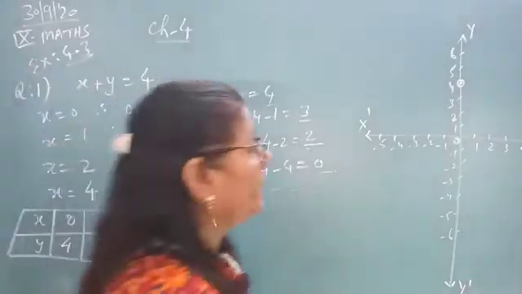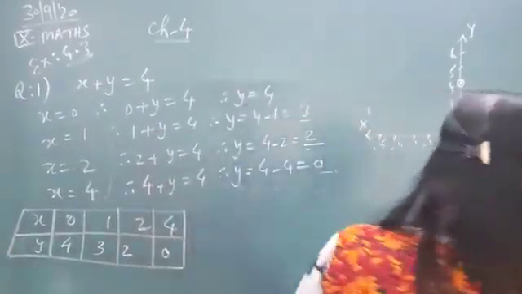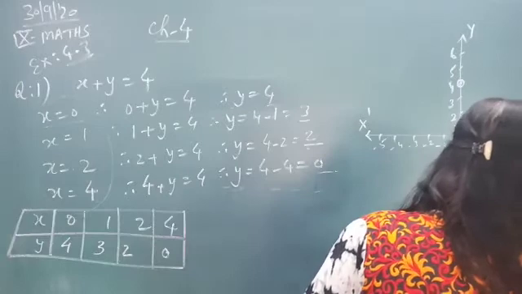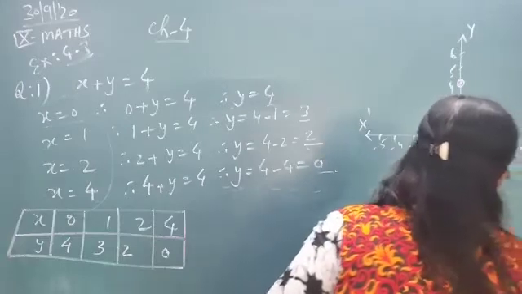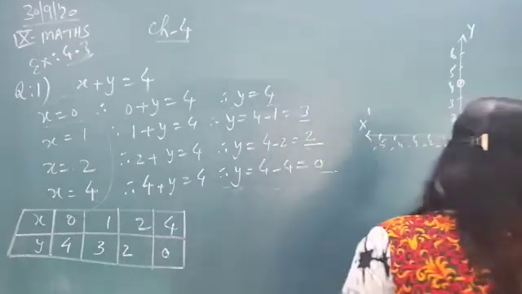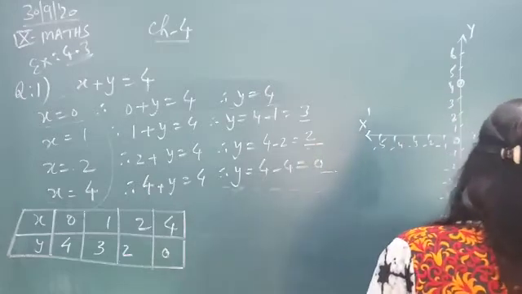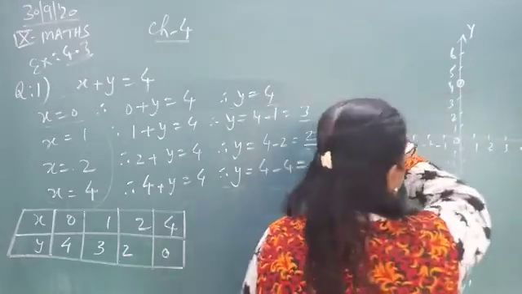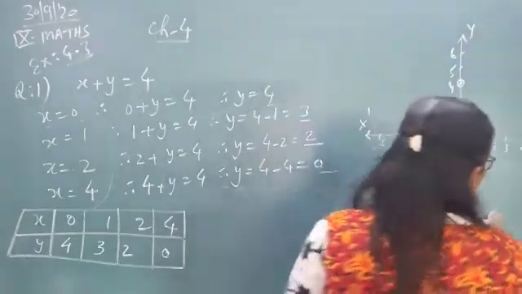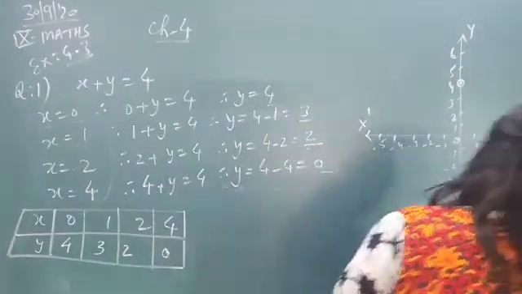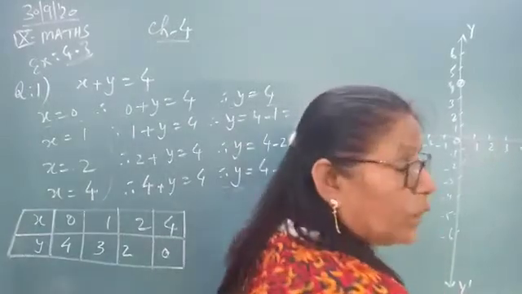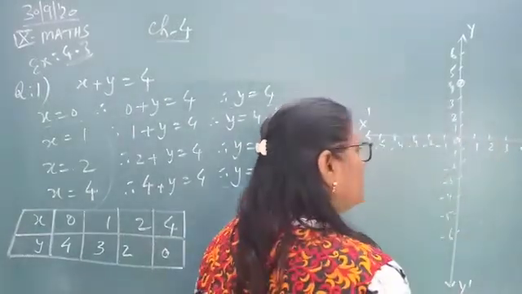Now in the graph paper, at the center you draw the y-axis vertically, and horizontally at the middle you take the axis. So this is the x-axis, this is x dash, y-axis, y dash, and at the center you take 0. That is called the origin. Last time we discussed.